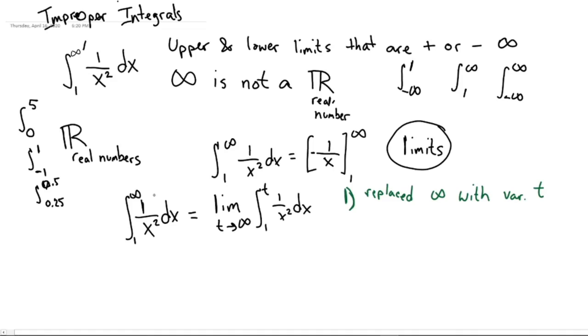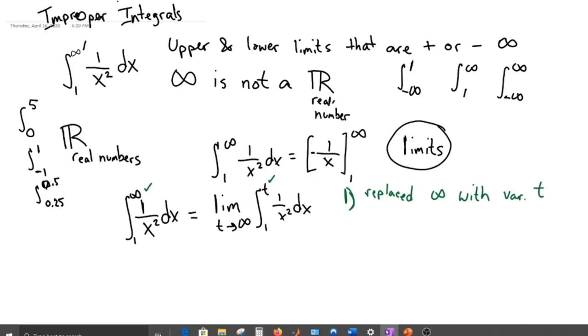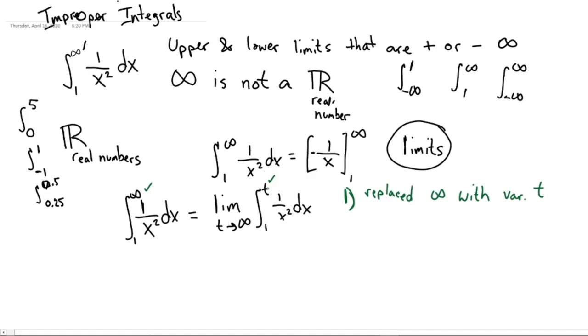And you can see that here where I have this infinity here, and I replaced it with some variable. It could be whatever variable. I just chose t. I like t. And then what we do next is we take the limit as t goes to infinity. And that's what we did here with this t. So down here we can see that t is going to infinity as a part of this limit.